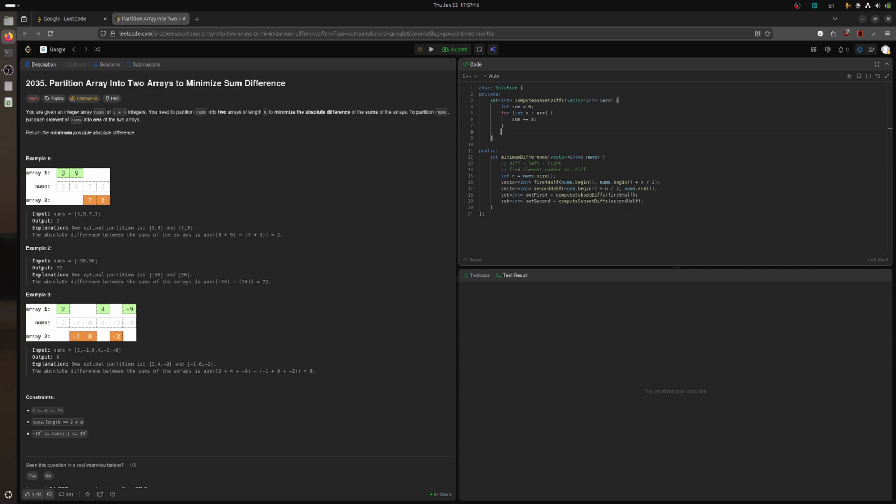So this is what we do, and then from 0, we go through the mask resulting set, we go through all subsets.